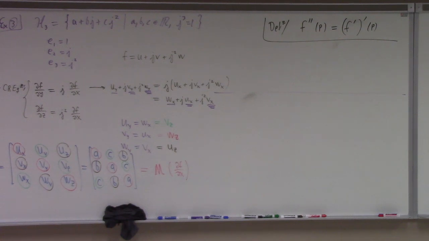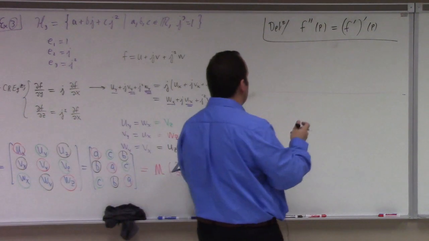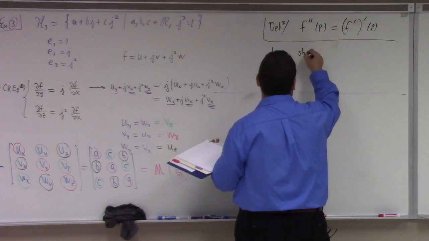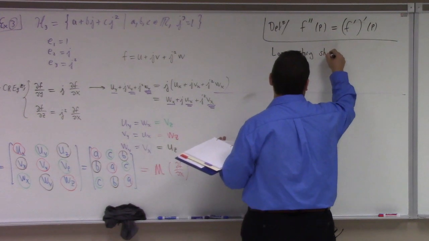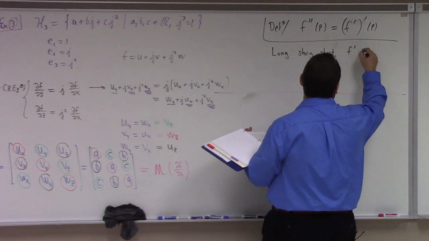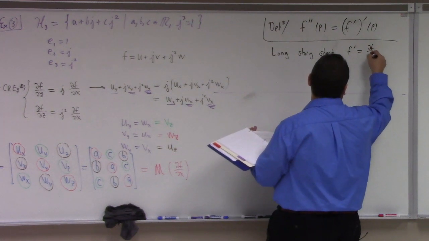So essentially, the point is this. Long story short, we have that f prime is partial f partial x, right?